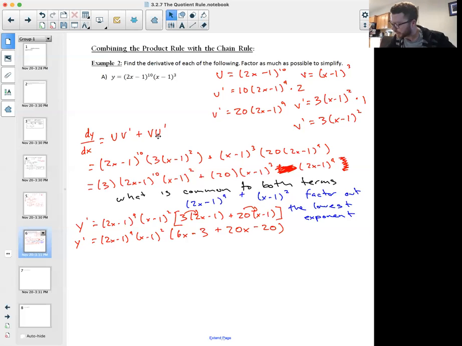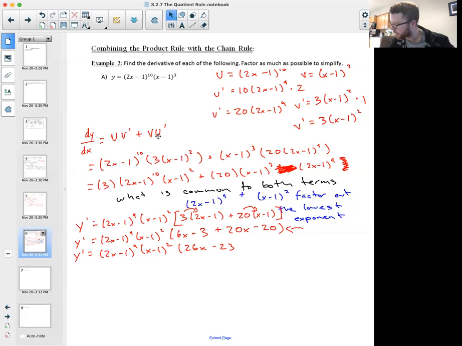This bracket in here, oops, we could simplify that. We have a 6x and a 20x, and we also have a -3 and a -20. So that will give us 26x minus 23.